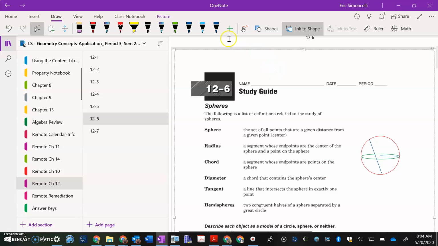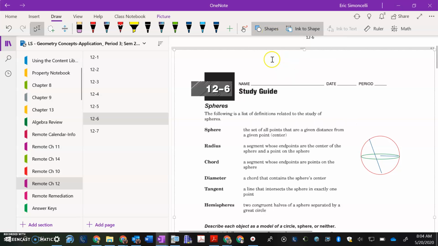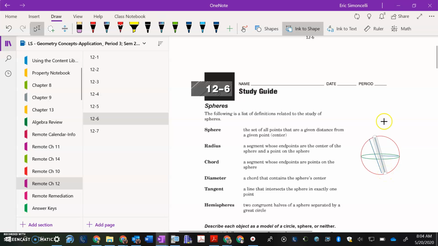So if I did draw another chord, but let's say going through the center, like so, it would look something like this, for example. Okay.